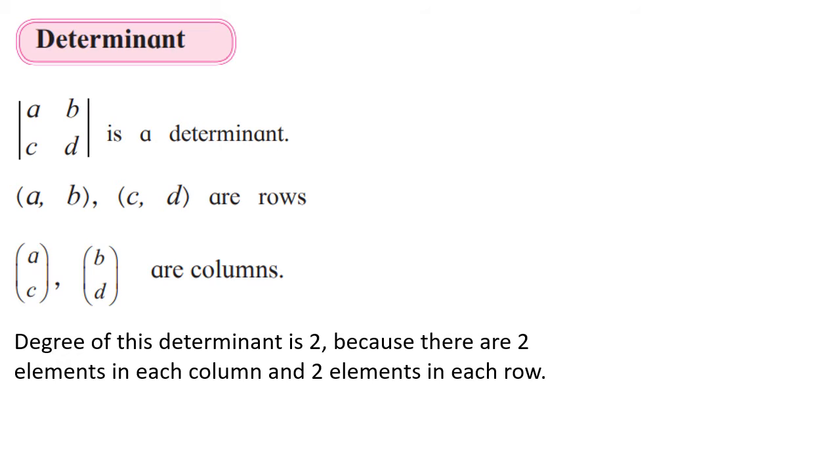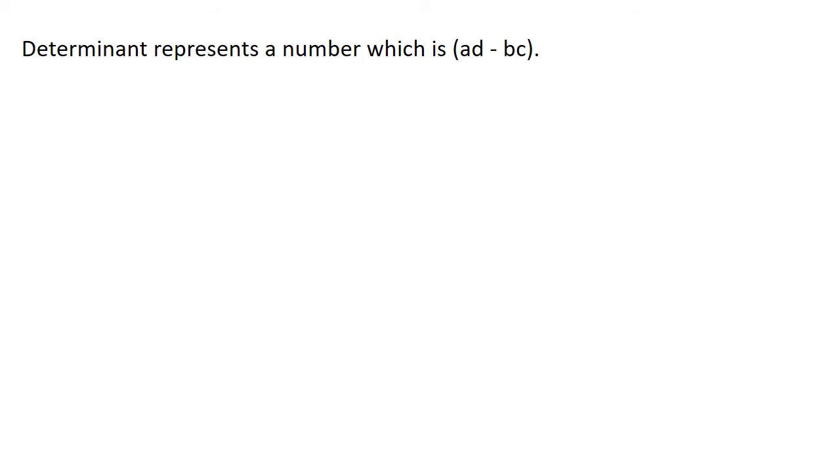Now let us go further. Now here, this determinant represents a number that is AD minus BC. How are we going to get this? See. Okay, here you have to go for cross multiplication like this. See these arrows? They should actually be in the middle, but in the textbook it is given like that only.